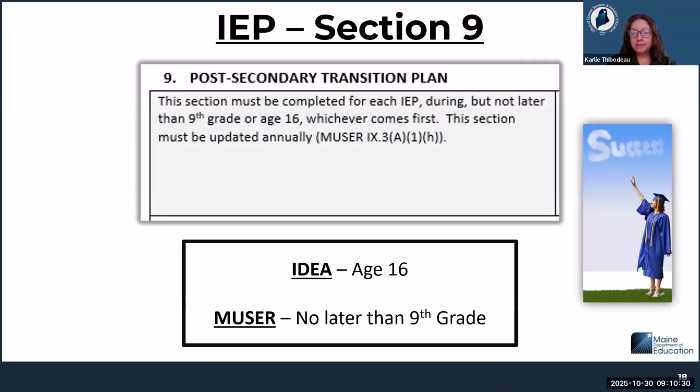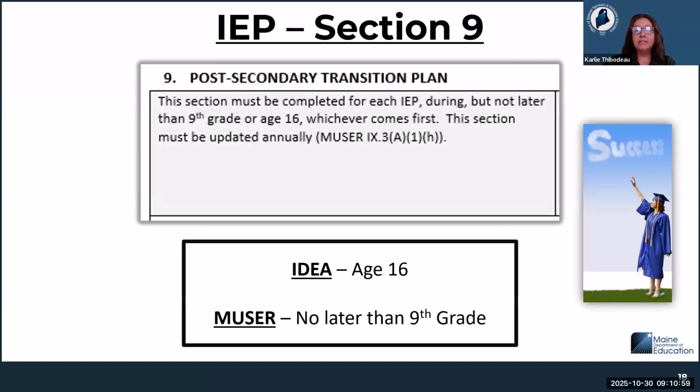And I alluded to this a little bit earlier when I was talking about that B13 piece. IDEA, the Individuals with Disabilities Education Act, at the federal level says that a transition plan must be in place at age 16 and older. However, MUSER, the Maine Unified Special Ed Regulations, those are our state regulations, and so they can go above and beyond what the federal level says.